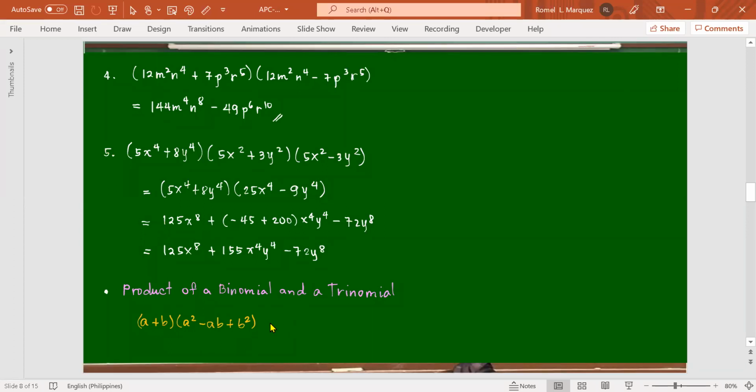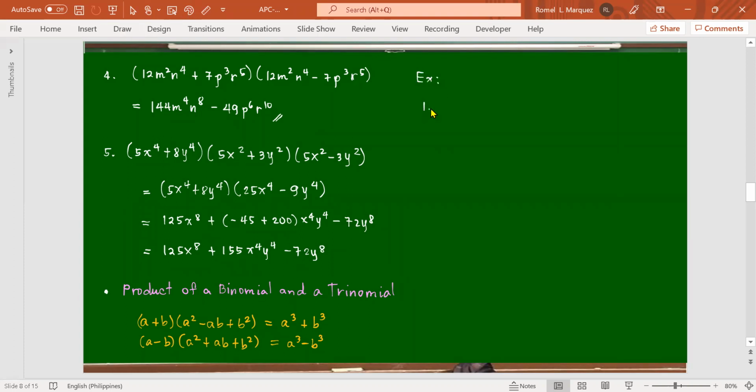This results to A cubed plus B cubed, the sum of two cubes. If I have A minus B, and the trinomial is A squared plus AB plus B squared, the product is A cubed minus B cubed. So that's automatic, the product. Clear, children?